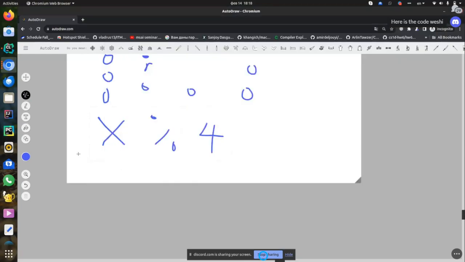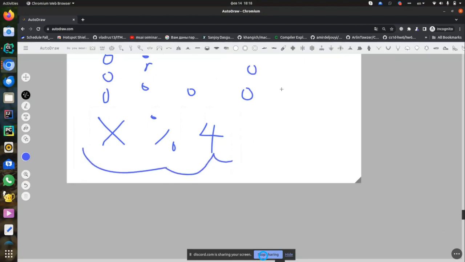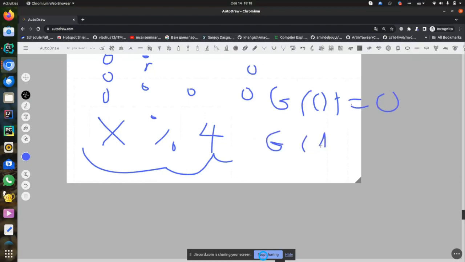We are trying to calculate the Grundy values, and it coincides with this. Let's check. This 0 is equal to 0, right? This one, Z1, is equal to 1, and so on. Z5, we already calculated it, Z5 equal to 1.